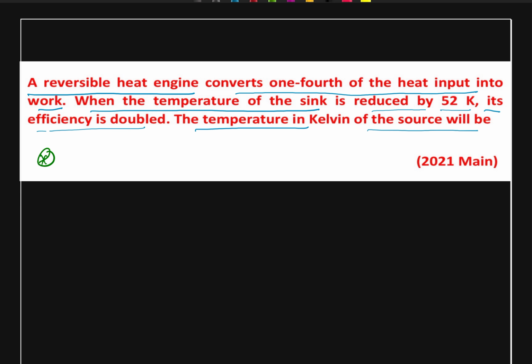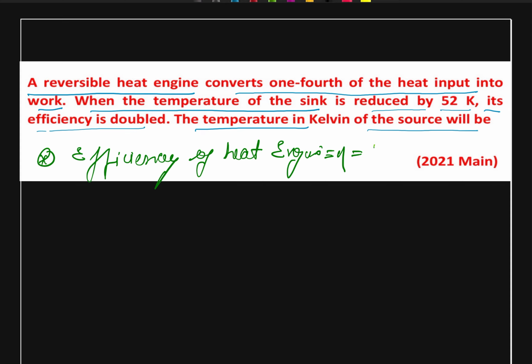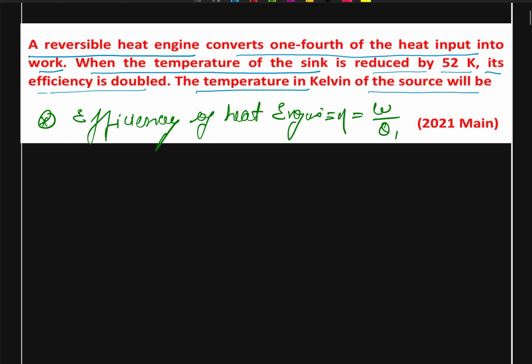You know that efficiency of a heat engine, which is η, is equal to W upon Q1. Here W is the work output and Q1 is the heat input.